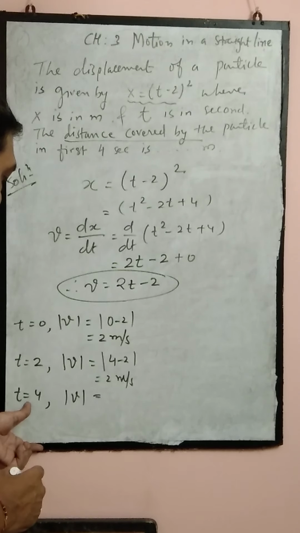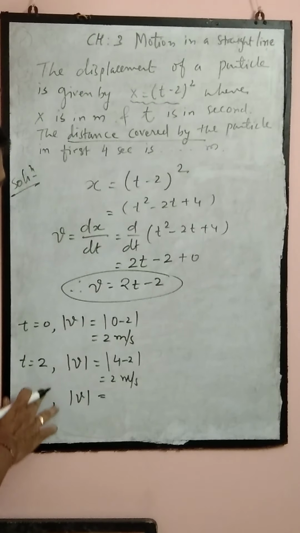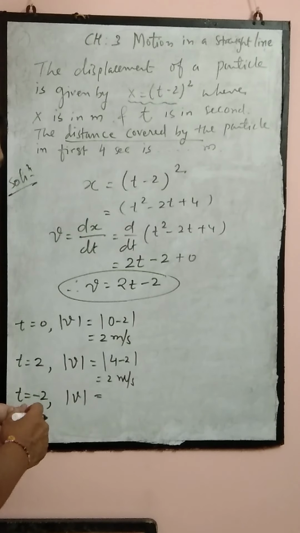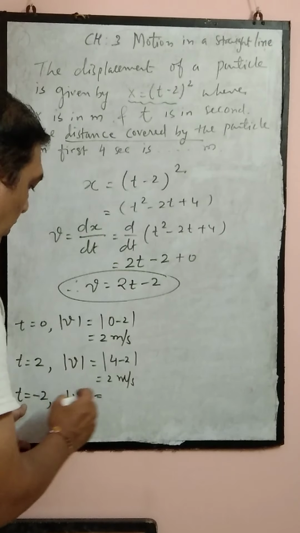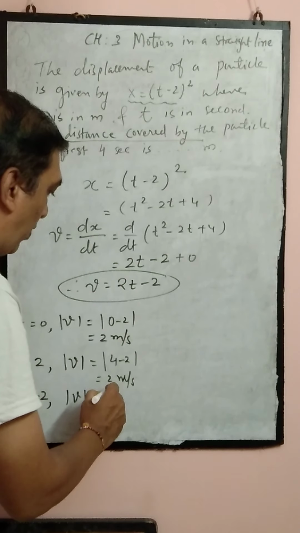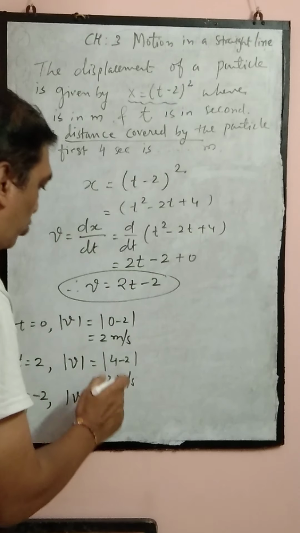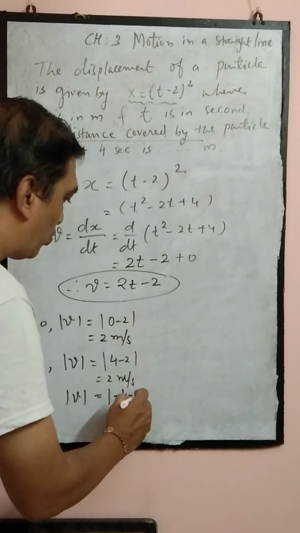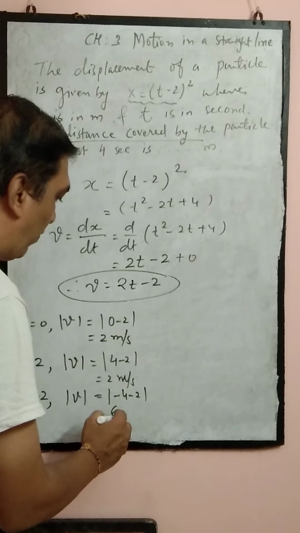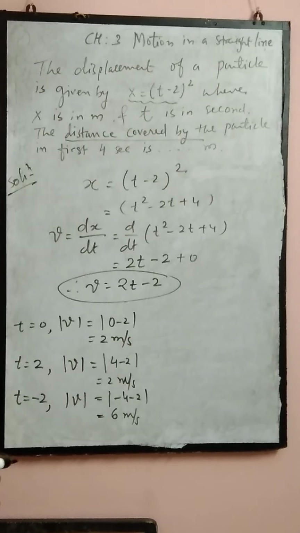Even if you substitute t equal to minus 2, 2 into minus 2 is minus 4, minus 2, that is equal to minus 6. But when you take the modulus, minus 6 becomes plus 6 meter per second.